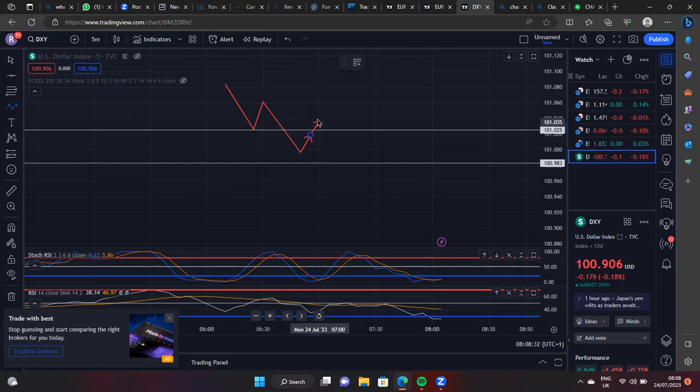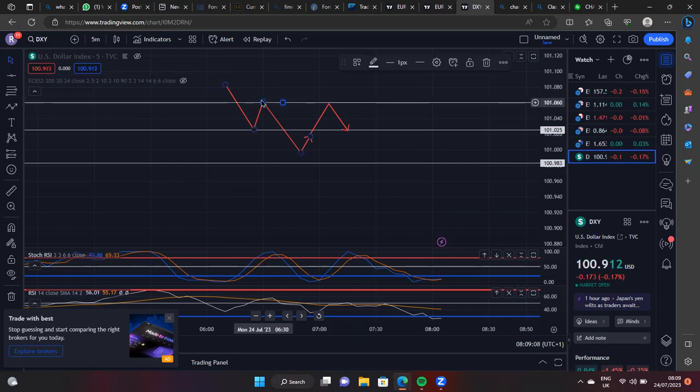But look at what happened. It continued to areas around here, and then here. Now, identifying a head and shoulders, it simply gives you a head, that is, the trend drops down, records a low, a high, then you find the shoulder, just like a human shoulder, at the same length, at the same height.